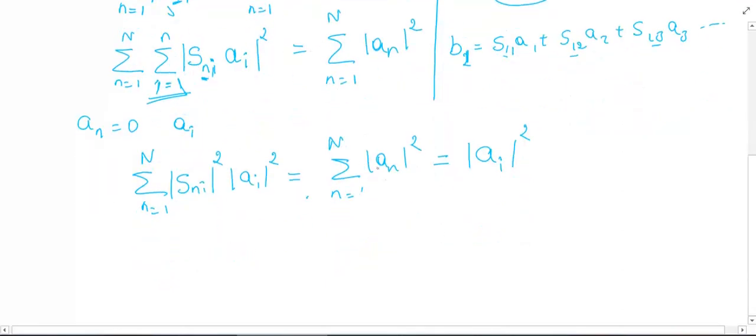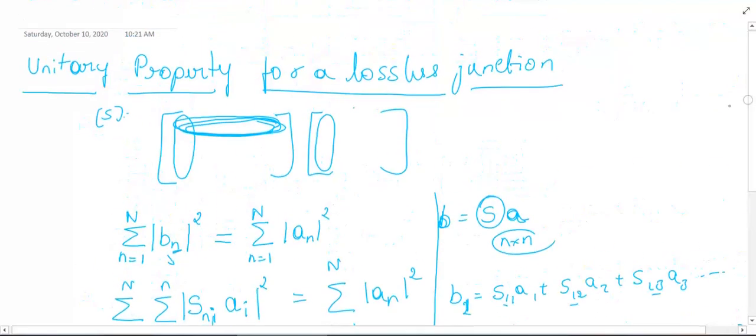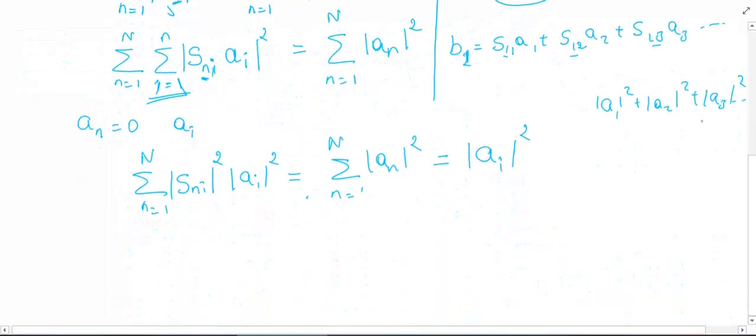Because if you expand this, it will be A1 magnitude square plus A2 magnitude square plus A3 magnitude square and so on, right? But if I consider only the first port where I am giving the source, everywhere else it will be equal to 0. What remains is A1 square. That's why I have taken it as AI square, because I am giving the source at the ith port.